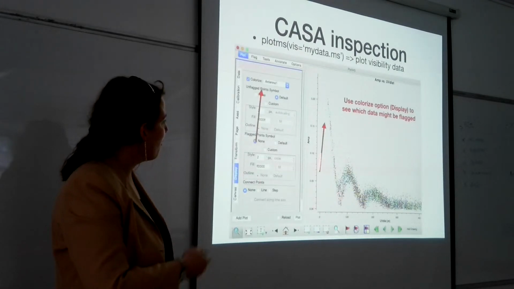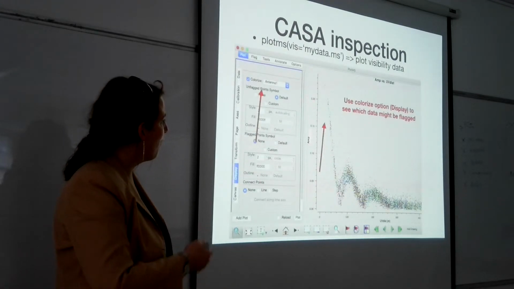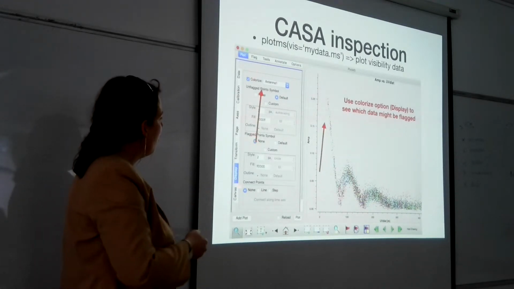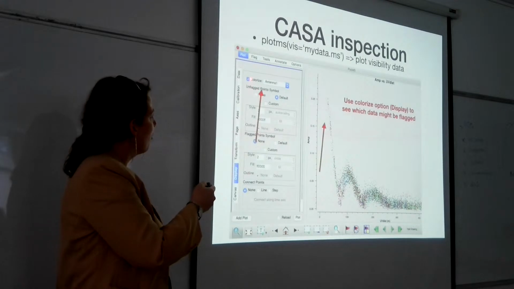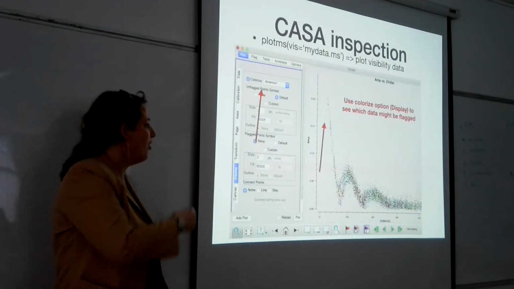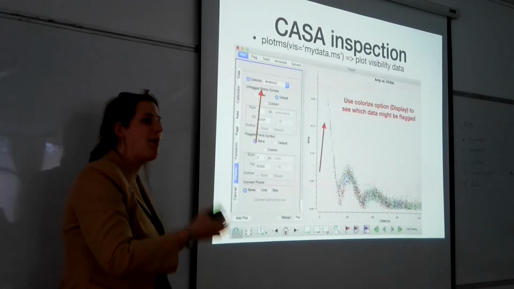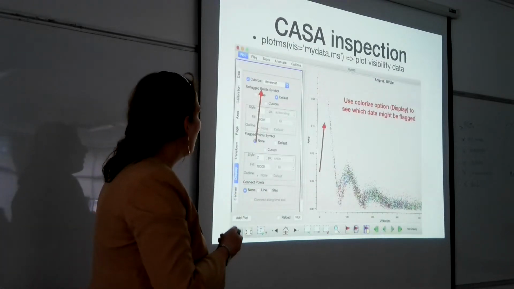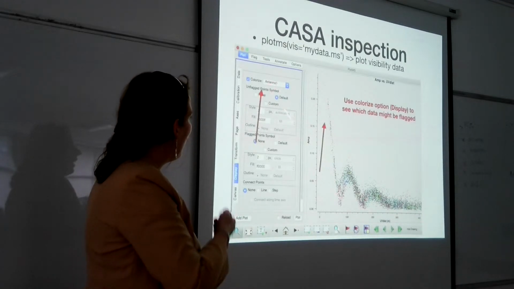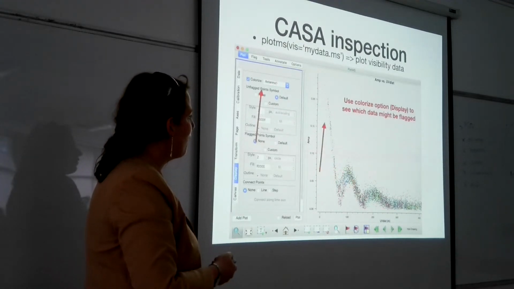Finally, you can plot one parameter against another parameter. But you can also, in another part of this tool, colorize by a third parameter. So in that way, you basically add a third dimension to your plot. So for example, here we have our visibility data, and each antenna gets a different color.